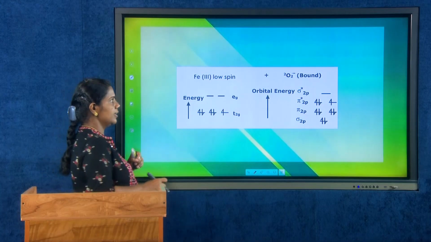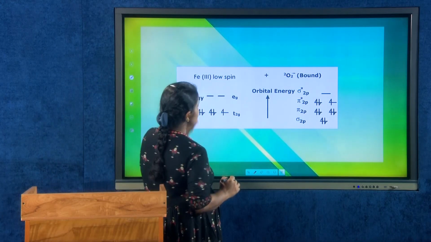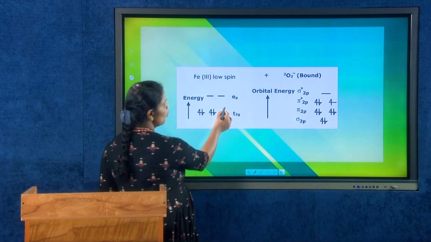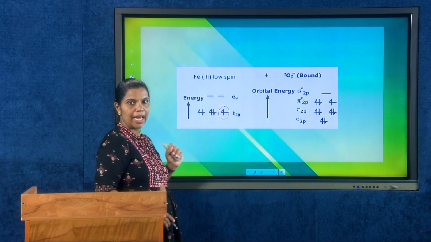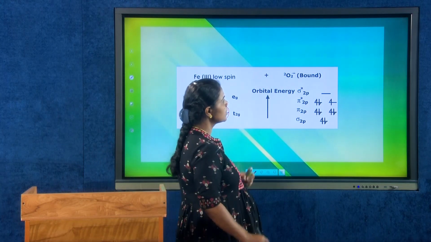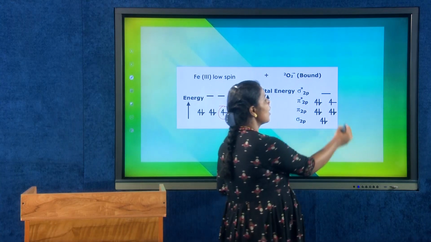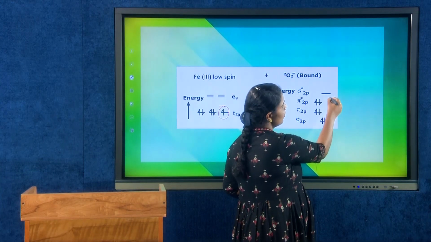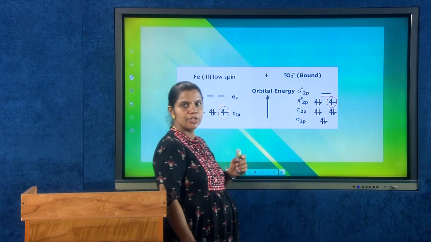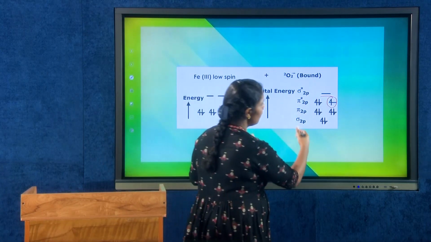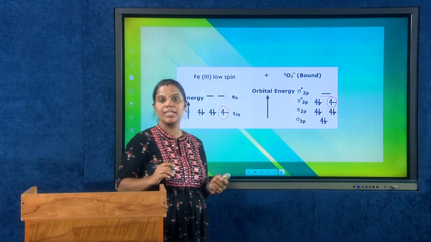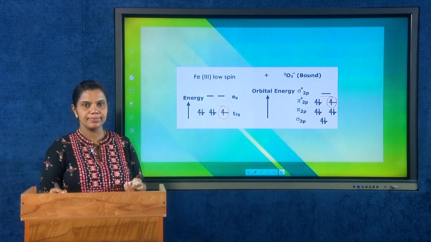You can see here Fe3+ is d5 low spin, so you have one unpaired electron. The superoxide radical anion has another unpaired electron, and these two will couple and it will become diamagnetic at room temperature.